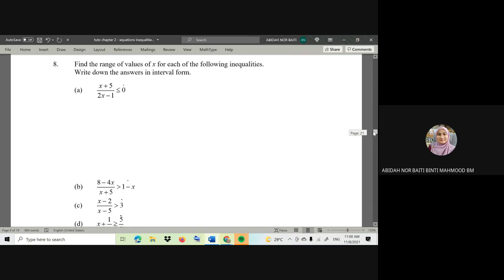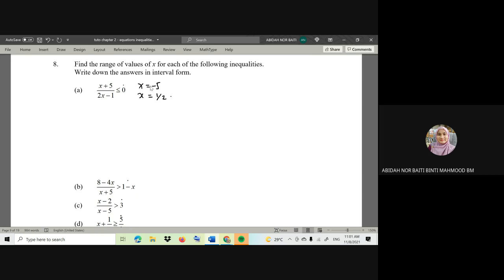Okay, for question A, so kita tengok question A. When your right side is 0, determine your value of x for numerator. For numerator, your x is -5. At your denominator, your x value is positive half.